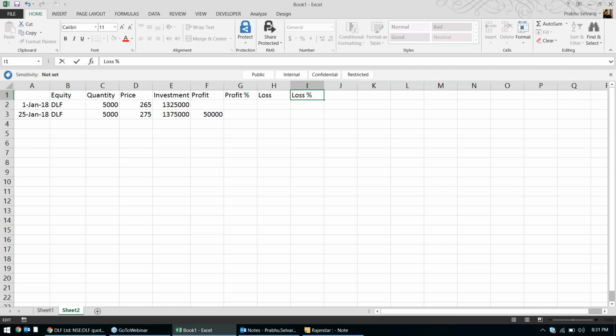Profit percentage, loss percentage. Okay, so at the end of 20th of January, DLF has gone up by this much, so you got a profit of so much. If the stock has gone down by 10 rupees, 265 has become 255, you're making a loss of 50,000.